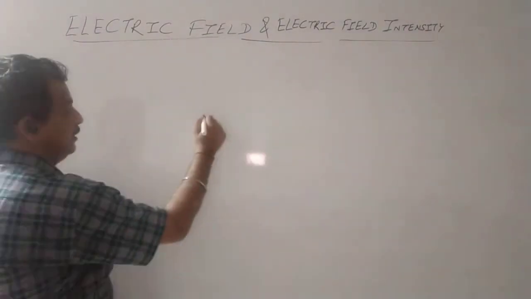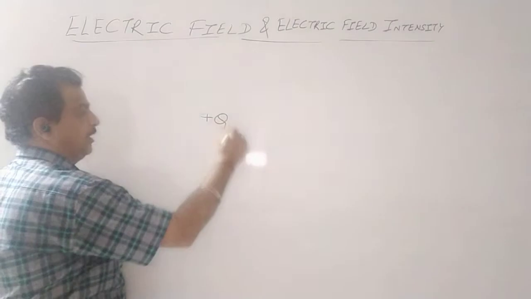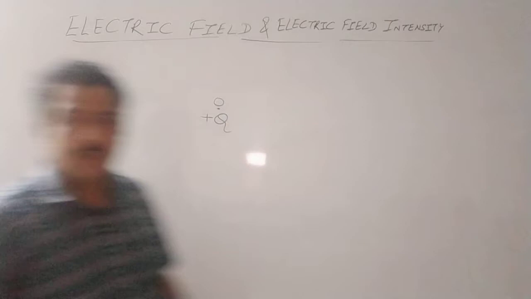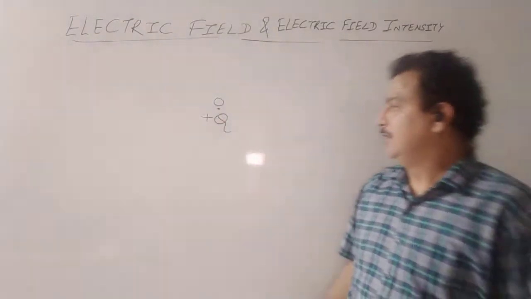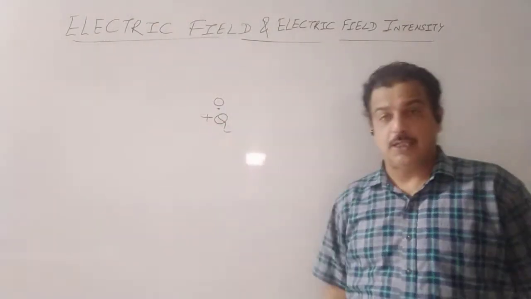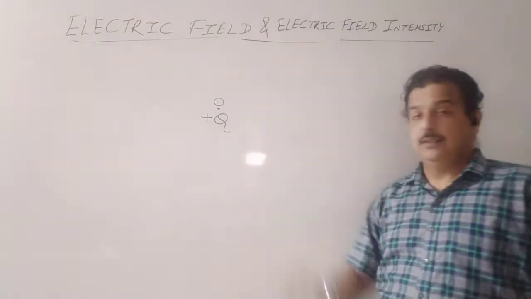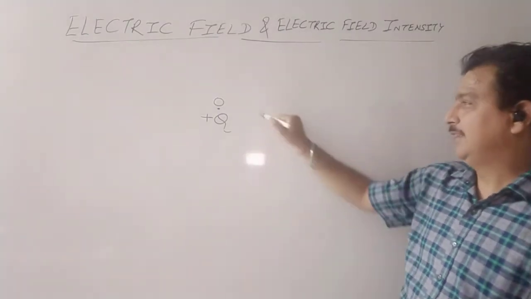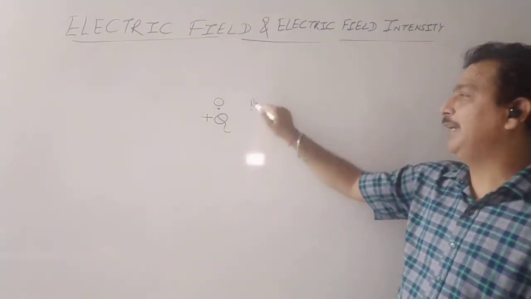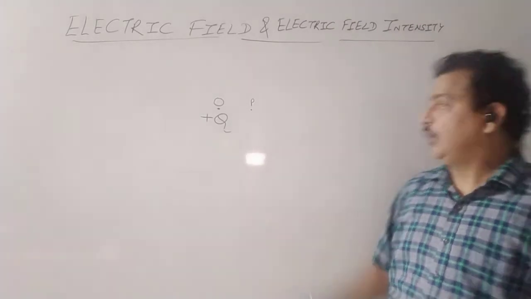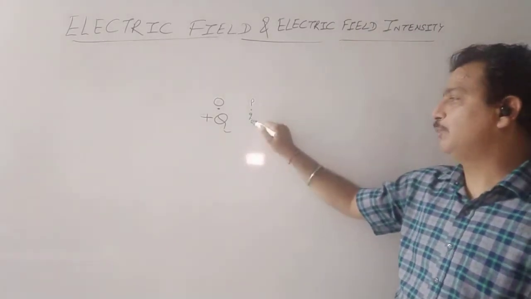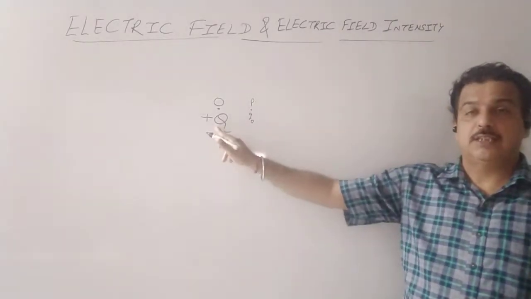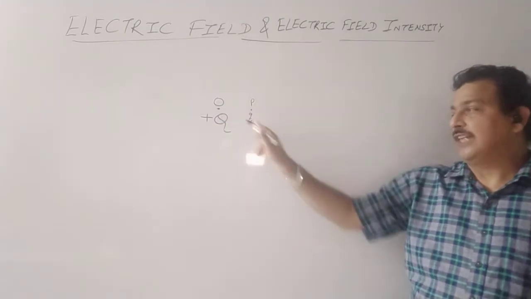Suppose I take one charge, capital Q, placed at a point O, or let us say this O is the origin. So if I place this capital Q charge at the origin and bring another charge which is smaller than this and keep it at this point, say P. Now if this Q0 charge is brought near the capital Q charge, we assume capital Q is larger than Q0.